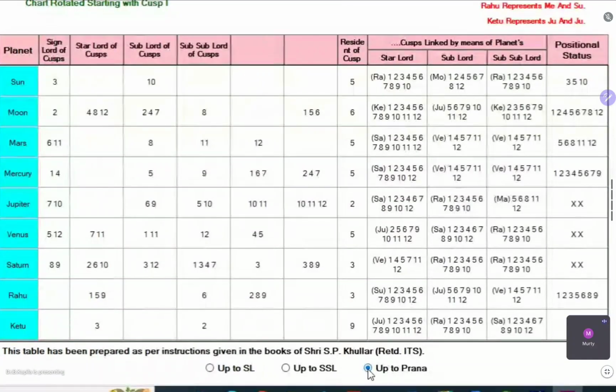Page 371 of your KP Reader 2, Horoscope. What is written there? That when you are to see the events, they have to be seen up to the sub level. But when we have to see the promise, then for reading the promise we can also use the Sukshma Lord and the Prana Lord.